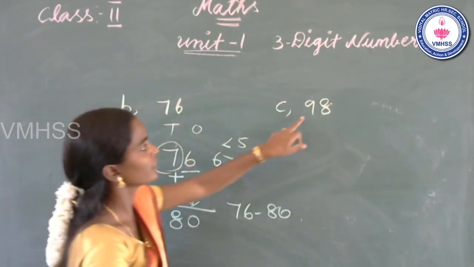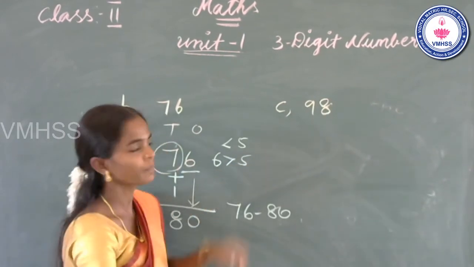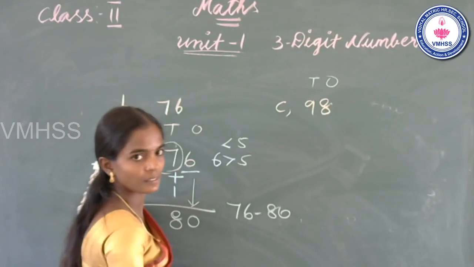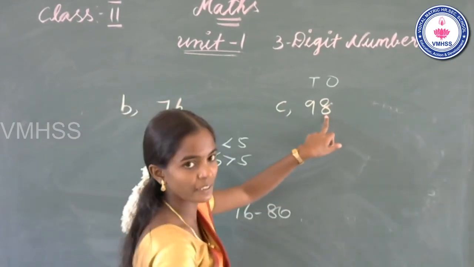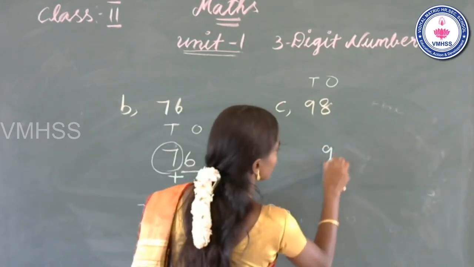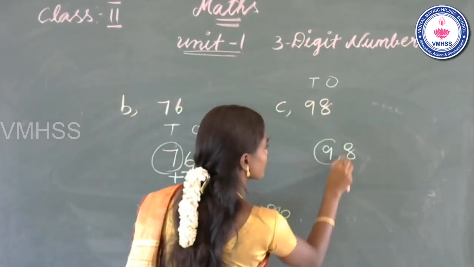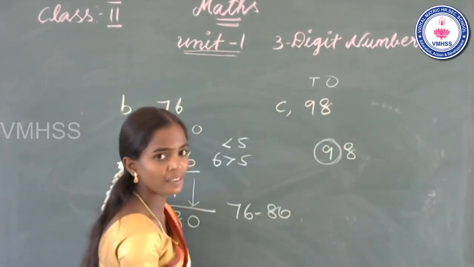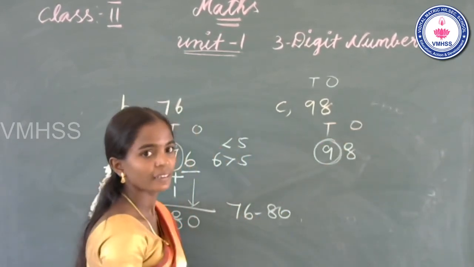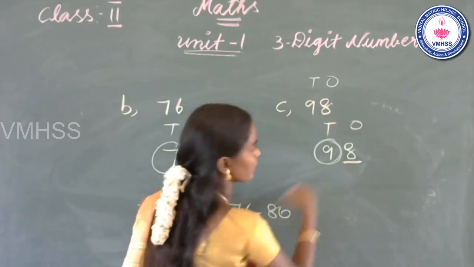Next number 98. This one is ones place, this is tens place. From the right, the first place is ones, the second place is tens. Circle the tens place number. The tens place number is 9. Next we look at the ones place number.